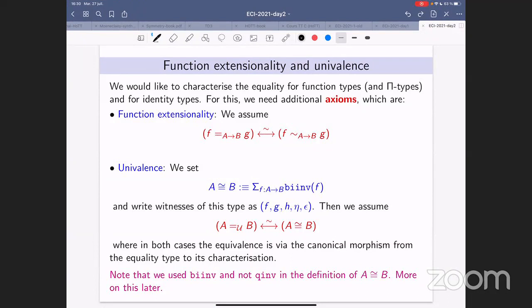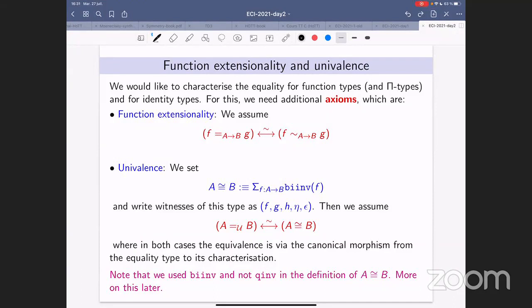So how to read this? So we assume as a postulate that the propositional equality of f and g is equivalent to something that we have defined, which is homotopy. And homotopy really respects the idea of defining things by induction on the structure of types.